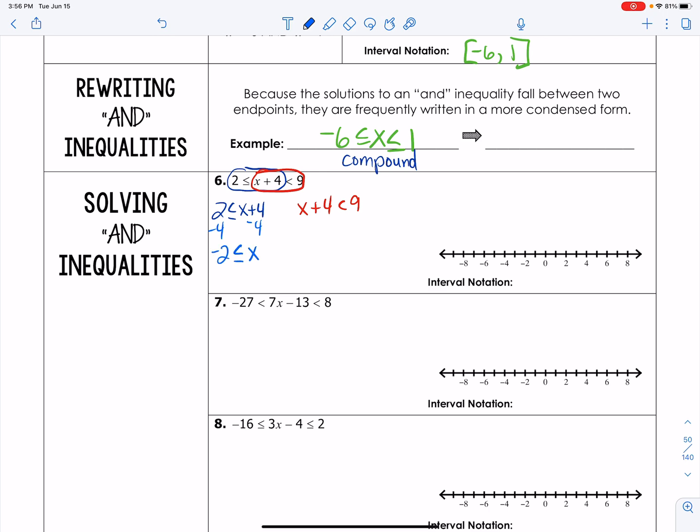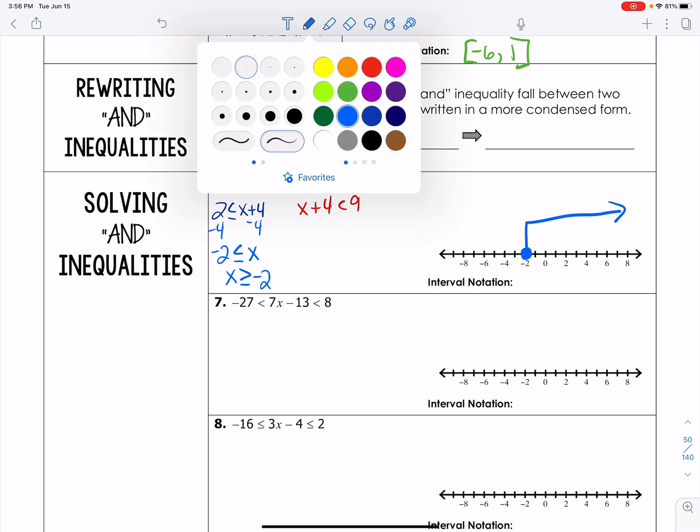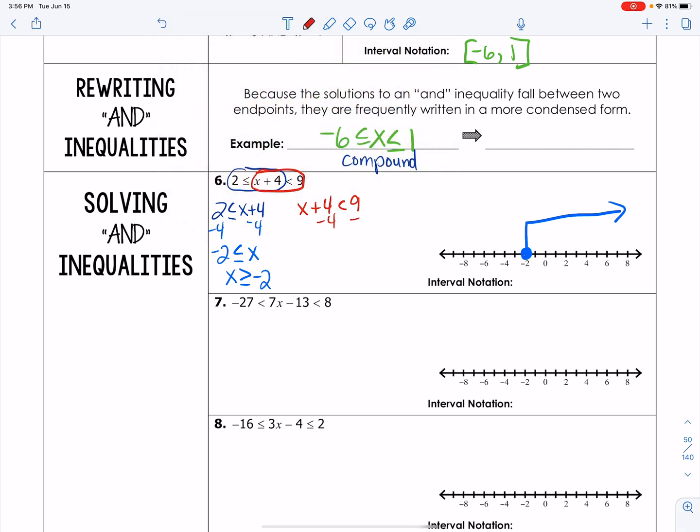It's saying that if I write it the other way, x is greater than or equal to -2. So it's everything bigger than. And if I do the other one, I'm going to subtract 4 and subtract 4, and x is less than 5. So it's an open circle at 5, and it's going this way. So my final answer is in between. My answer is -2 to 5 with parentheses.